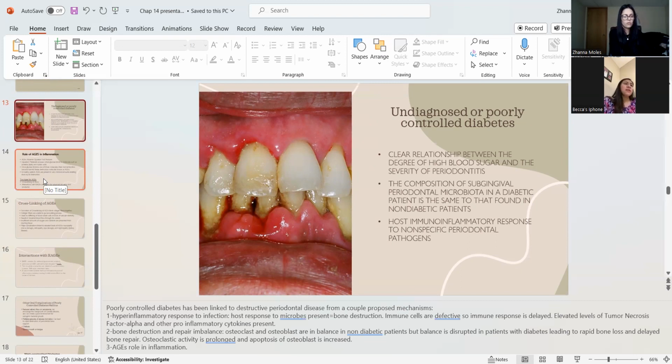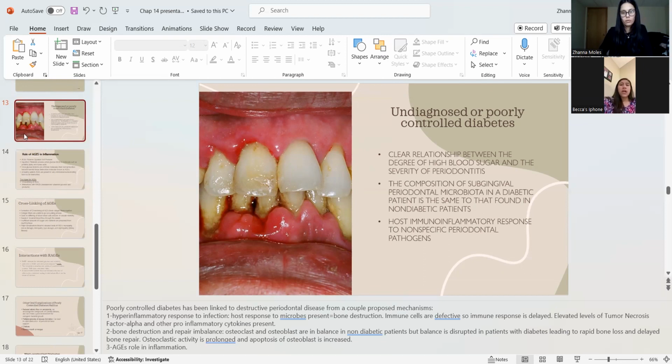And the composition of subgingival microorganisms found in the oral cavity of an undiagnosed diabetic patient is similar to one that is not a diabetic patient. So we know that the microorganisms in the oral cavity don't make the patient susceptible to periodontitis, but more so how the host is going to respond to the bacteria and the inflammation.